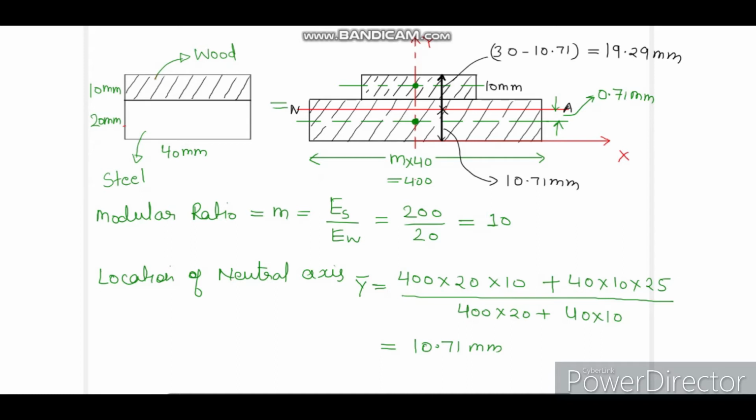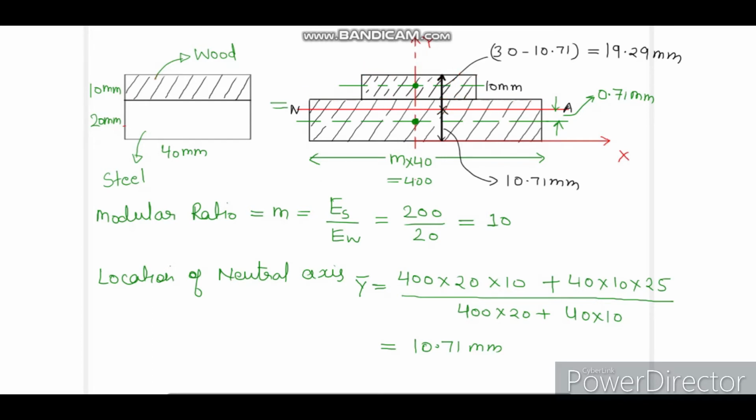If we want to convert this section into an equivalent section of wooden material, this width of 40 mm becomes 40 into the modular ratio 10, which equals 400 mm. This also becomes 400 mm.